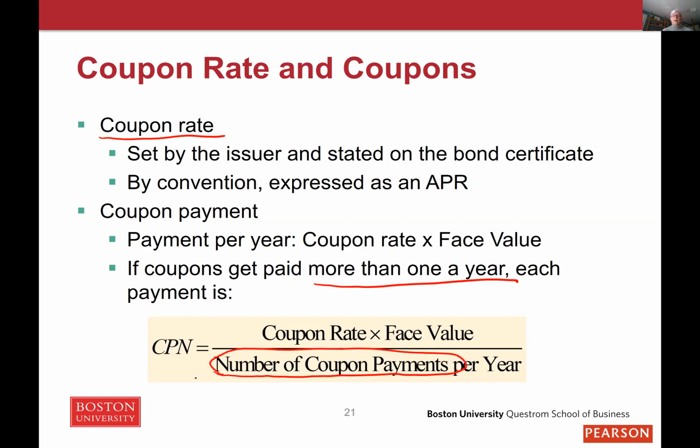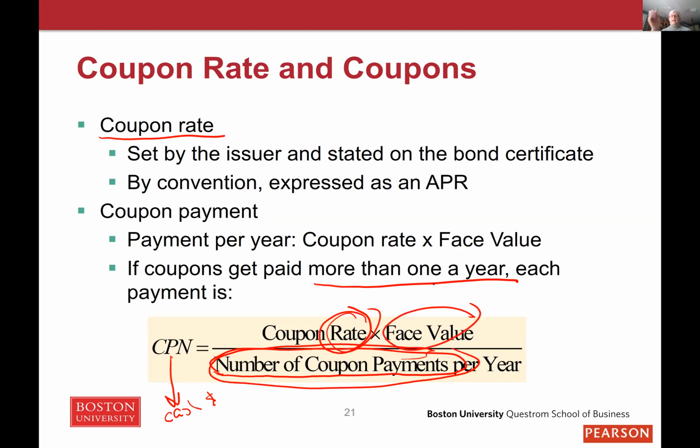So when you read a problem, what you need to know is what is the rate and what is the number of payments in a year. What you're looking for is the actual cash amount, because that actual cash amount is going to be your annuity payment. So you take the rate, you multiply it by the face value.